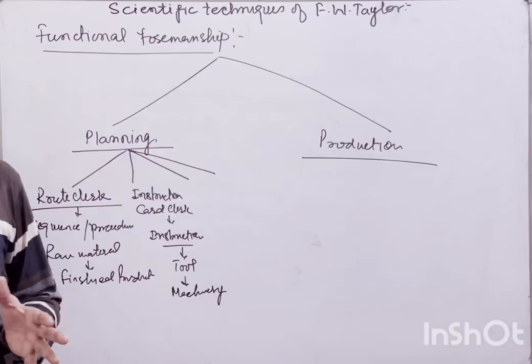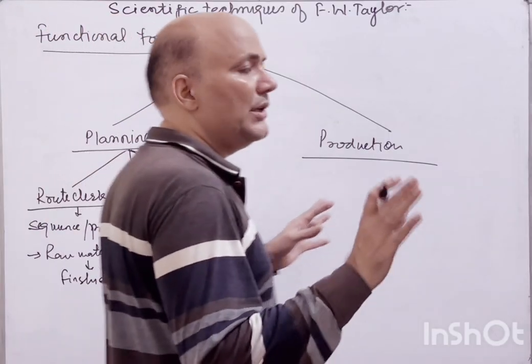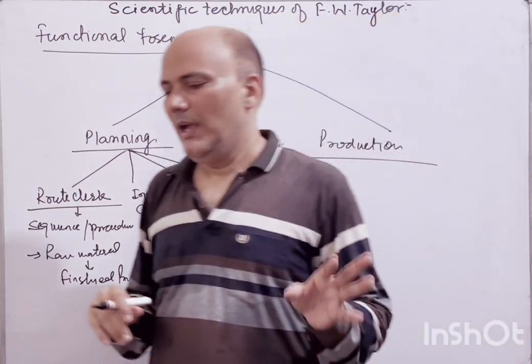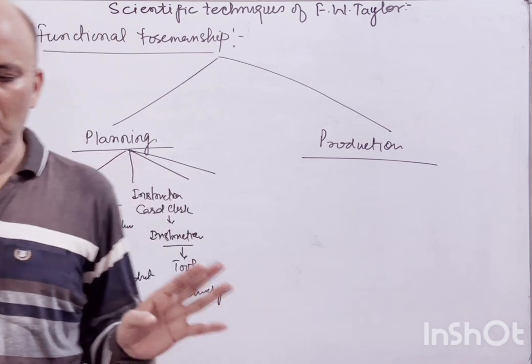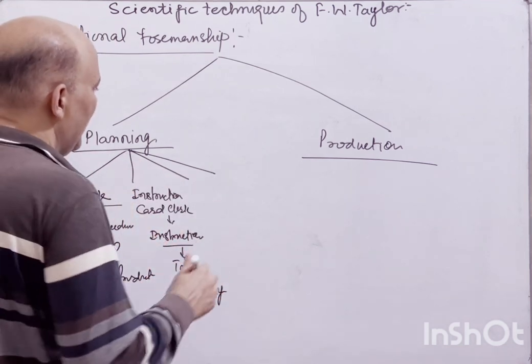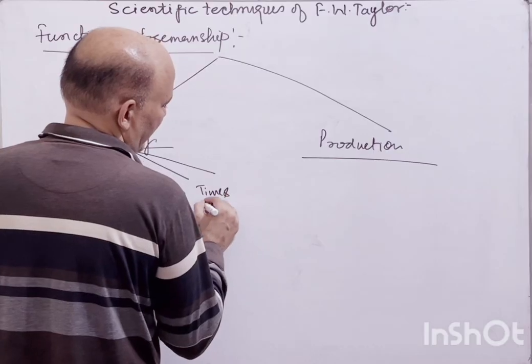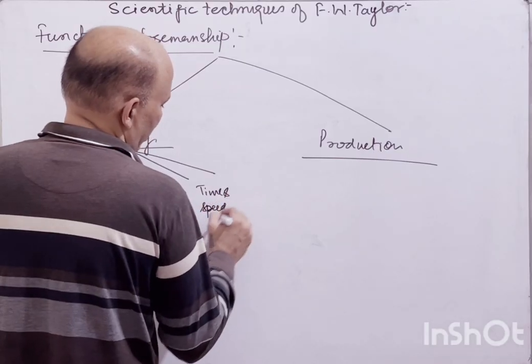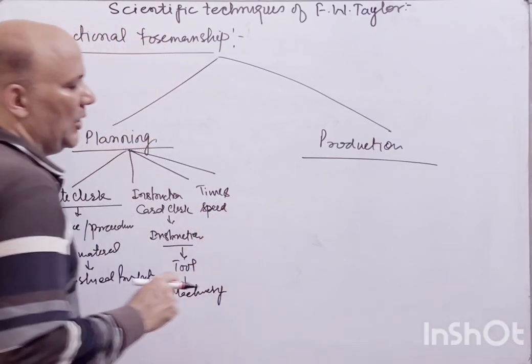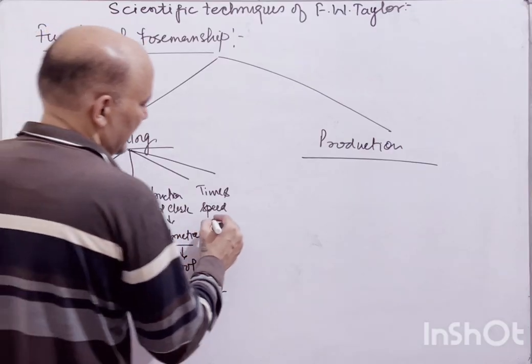So he will give all kinds of instructions to the employees, right? And this is the duty of that person. Then comes the time and speed boss, right? Speed clerk or boss.